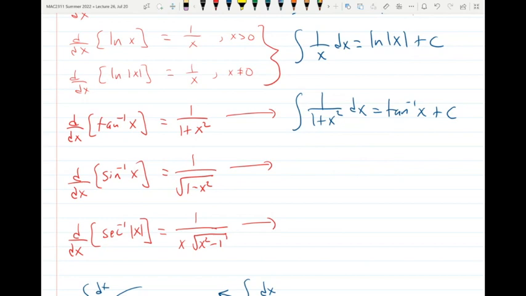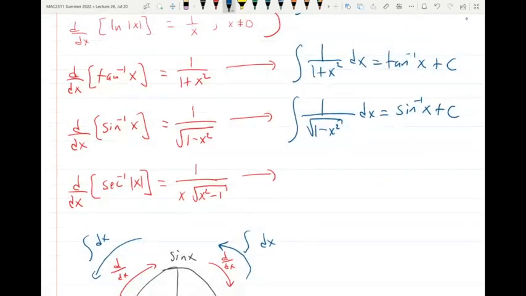Okay, and then similarly here, this means that the integral of 1 over square root of 1 minus x squared is the arcsine function, the inverse sine. And then for this one, the derivative of the inverse secant of absolute value of x equals this, and if you remember, there is also another formula which is inverse secant of x, and then the absolute value transfers from here to here, so we can do that.